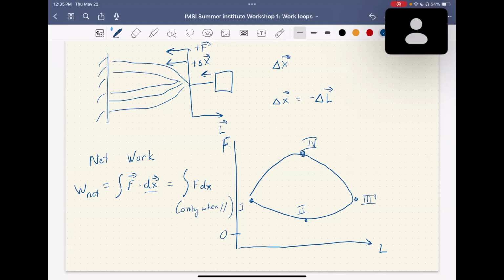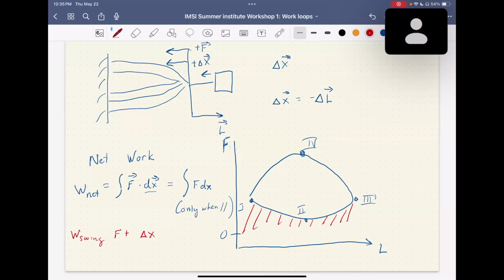So now let's calculate the work done during swing. That's going to be the area under this curve as the muscle is lengthened out during swing. Since this is an extensor muscle, that makes a lot of sense. We have a positive force, so force is positive.